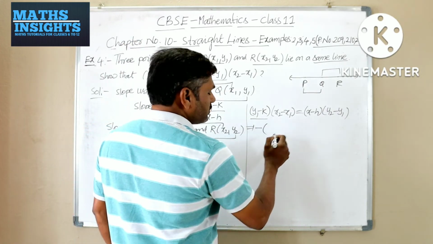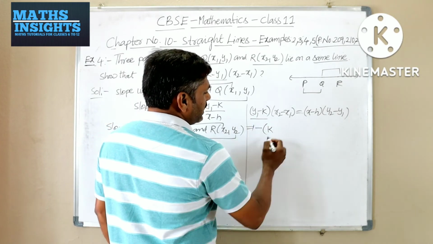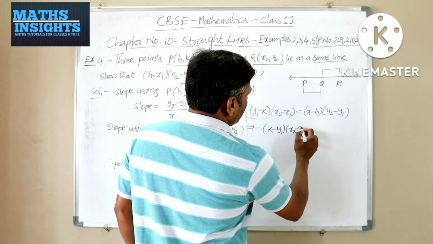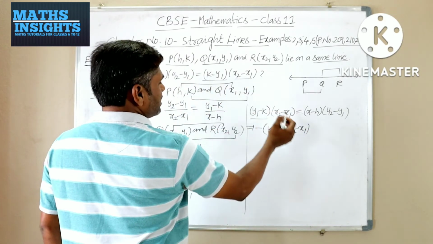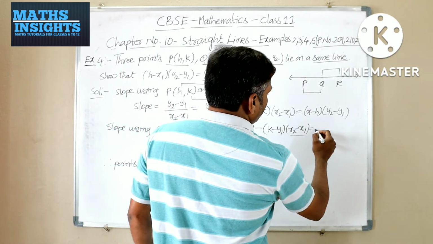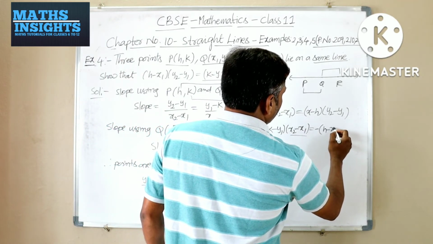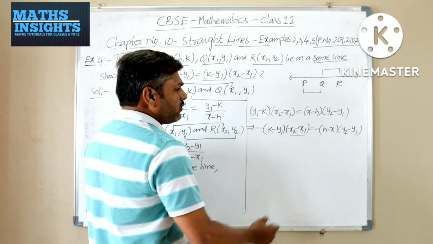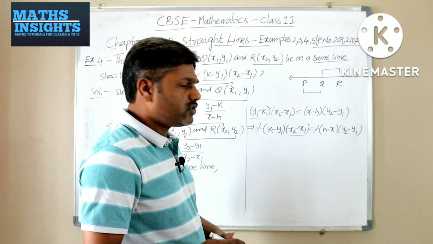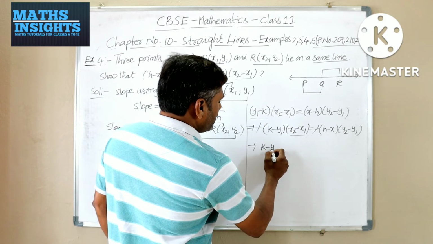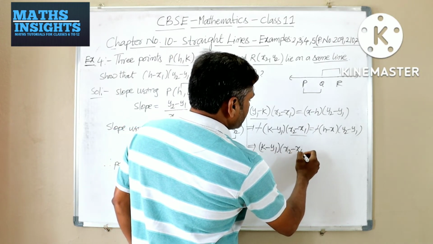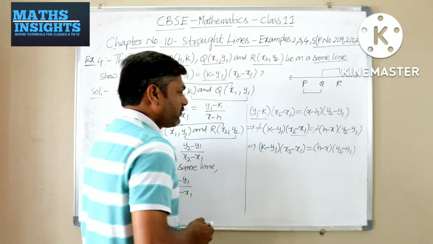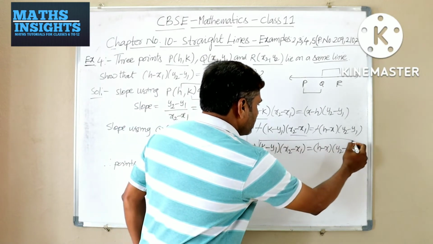I will take minus common, therefore this minus k will become plus k and this plus y1 will become minus y1, and the remaining is the same, x2 minus x1. Here also h minus x1 into y2 minus y1. If you cancel these minus signs on both sides, you will get your answer: k minus y1 into x2 minus x1 is equal to h minus x1 into y2 minus y1. This is our required answer.